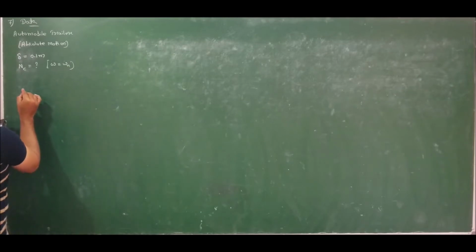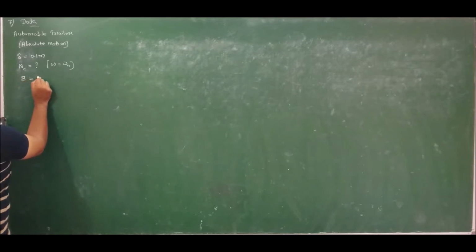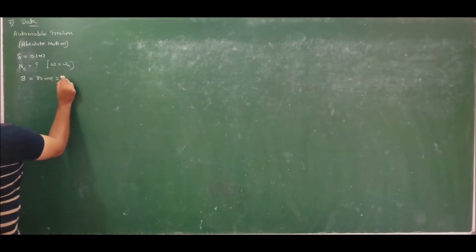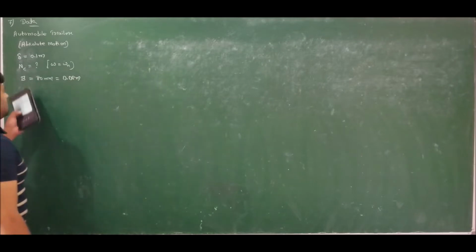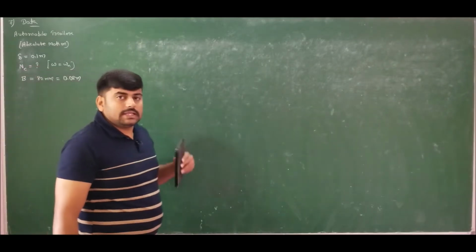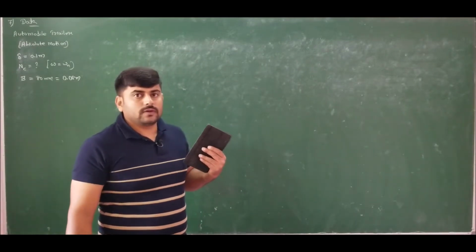When the trailer is passing over a road with a profile of sine wave whose amplitude is 80 millimeters, the amplitude of the base is 80 mm, that is B, which is given by 0.08 meters. In the amplitude ratio A by B, A is the amplitude of vibration of the vibrating body, B is the amplitude of excitation.